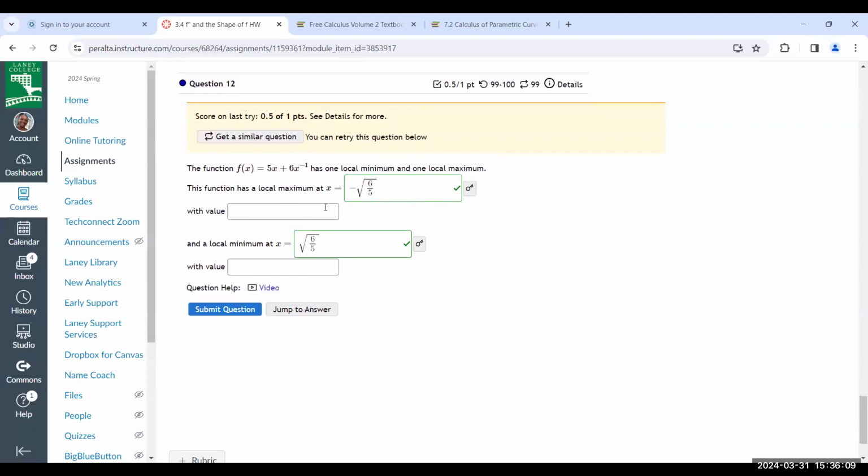And so what we have to do is plug these numbers into the function. So for the value part, we're going to take our negative root 6 over 5 and plug that in for x. I'm just going to use a calculator for that.